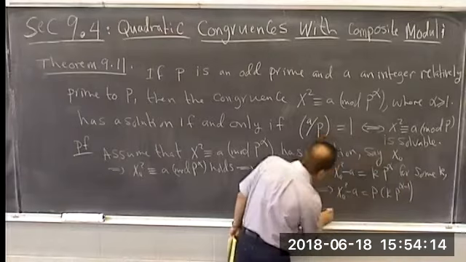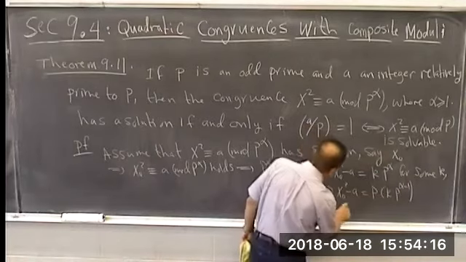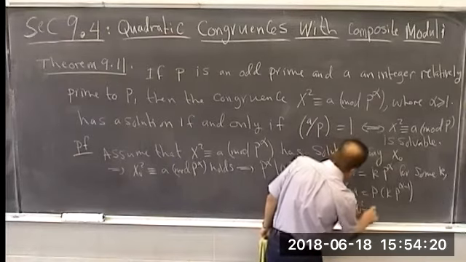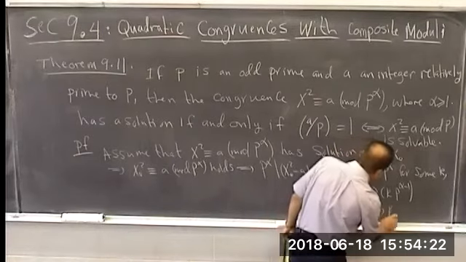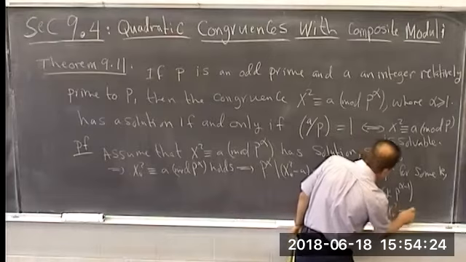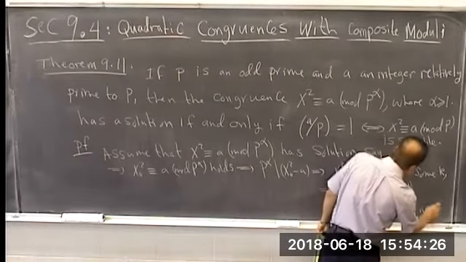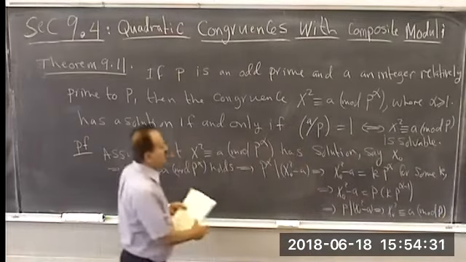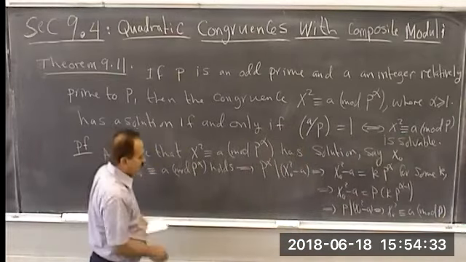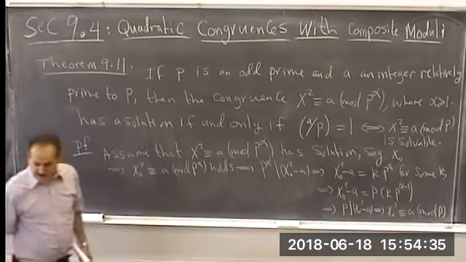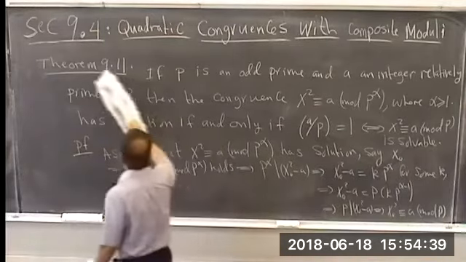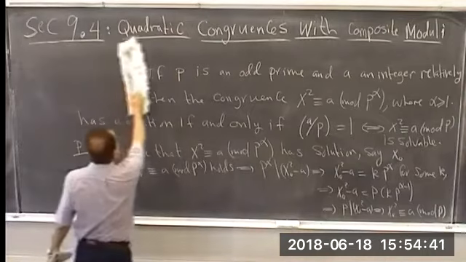And this means that p divides x0 squared minus a, and again, this means that x0 squared is congruent to a mod p. So we have the congruence holding mod p, and from our previous work, this means that the Legendre symbol (a/p) is equal to 1.